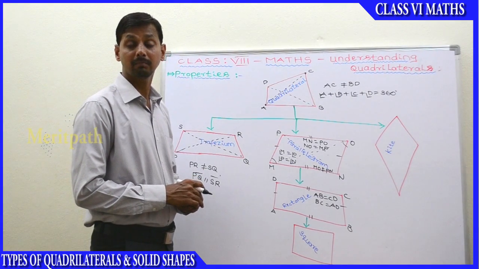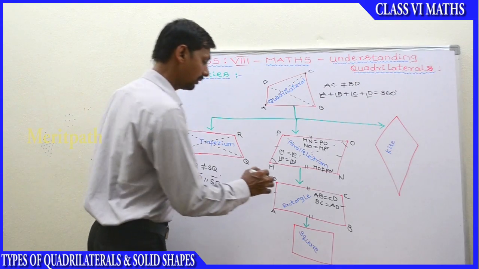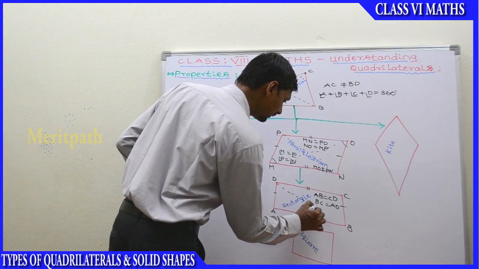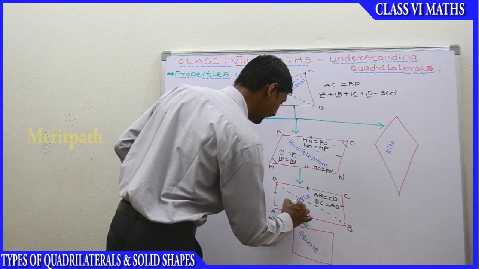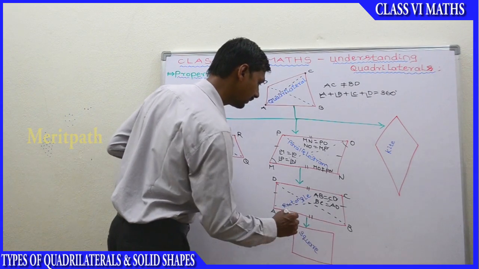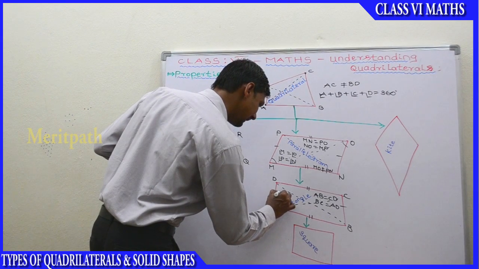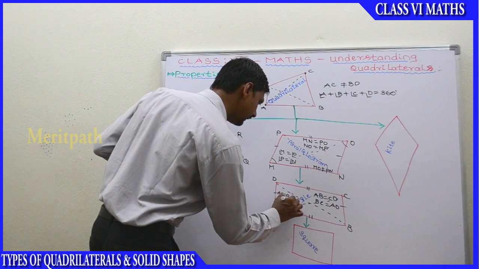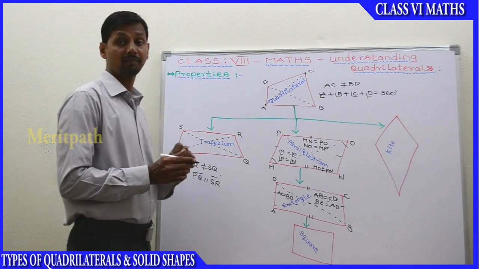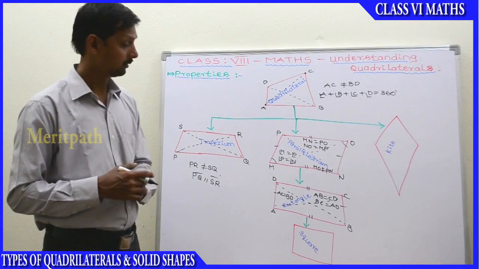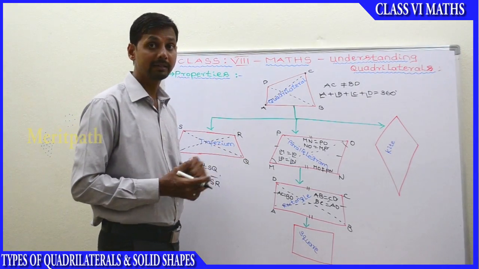And coming to the diagonals, the diagonals of a rectangle are equal. So here you can write AC is equal to BD. The diagonals of a rectangle are equal.